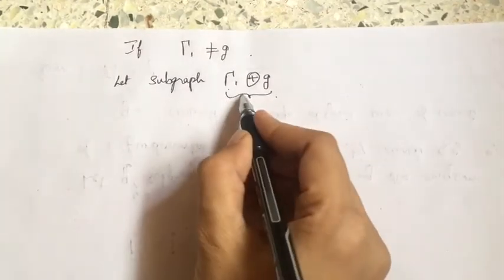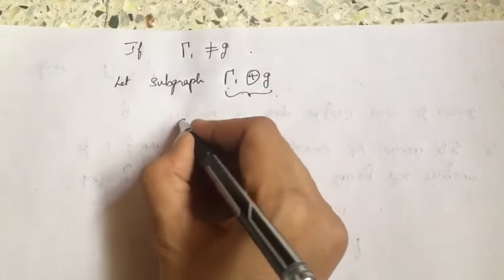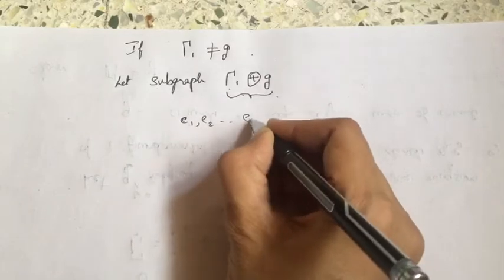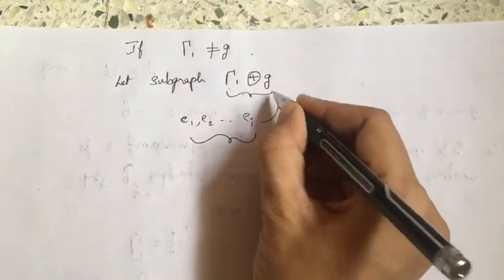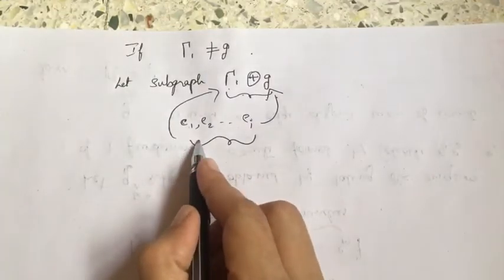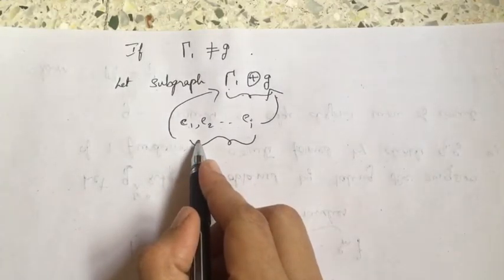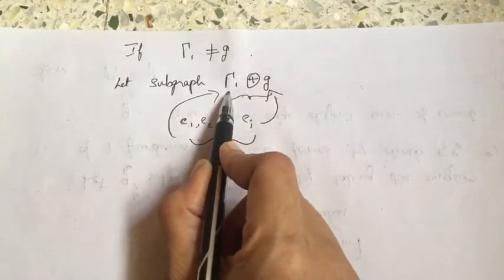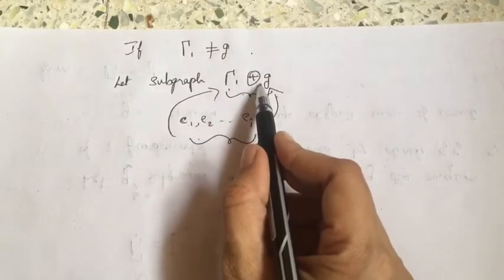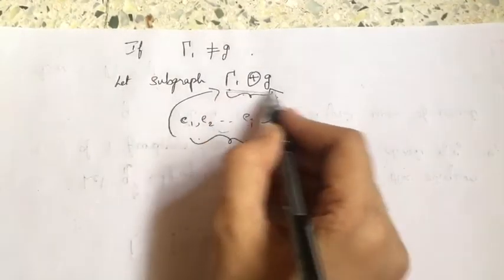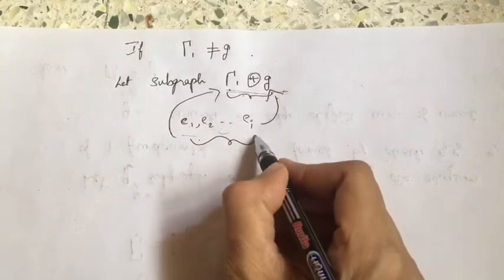But we know that the chords which I am considering, E1, E2, EI, are both in G and in gamma 1. These are the chords with respect to spanning tree T, and they are in both G and gamma 1. Therefore, when I take the ring sum, they won't be there in this ring sum. This ring sum should not contain these edges.